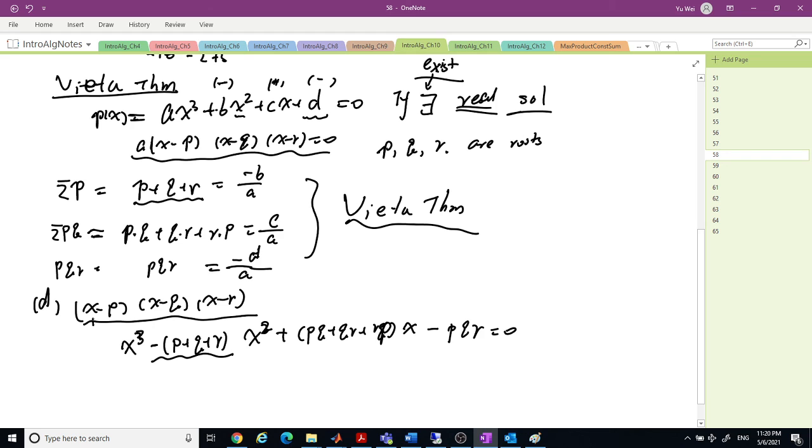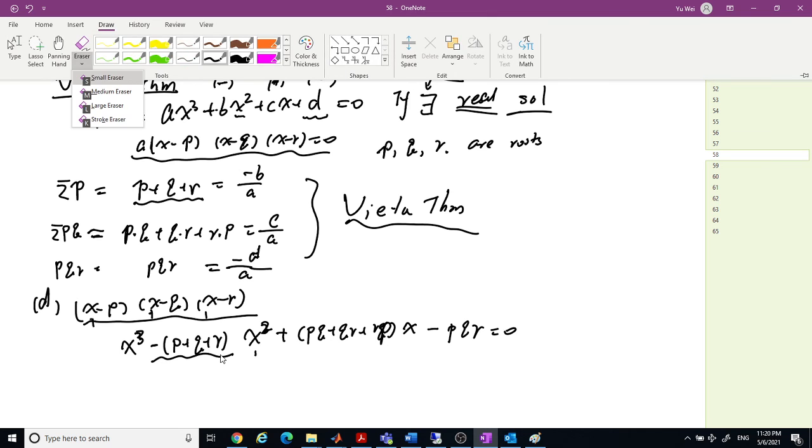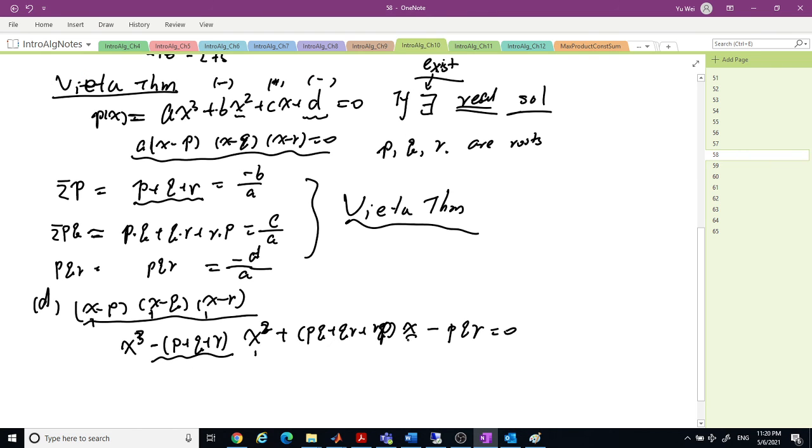Okay, so you can also see from here how you get the x cubed: you take x from each bracket, that's 1x cubed. How do you get the x squared? You take 2 x's and one of the constants, so that's why it's negative r, negative q, negative p. How do you get the x? You pick 1 x from one bracket and the two constants from the other brackets.